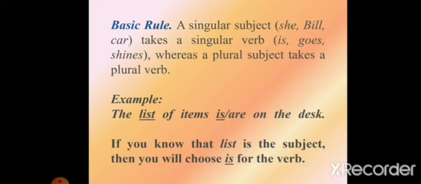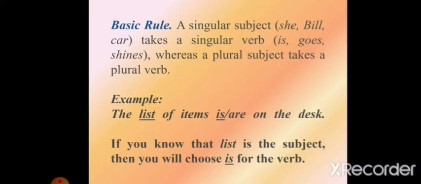Now for example, the list of items is or are on the desk. What should it be? If you know that list is the subject, then you will choose is for the verb. Whenever you are writing is or are, when you say the list of items, identify the subject first.